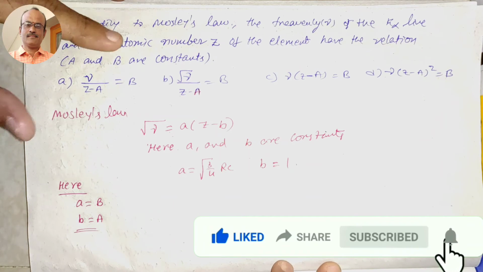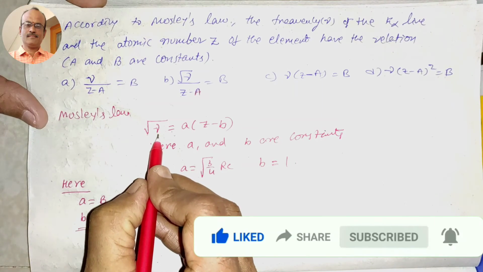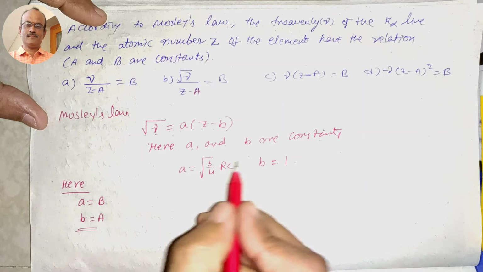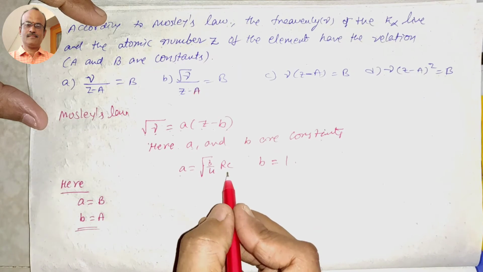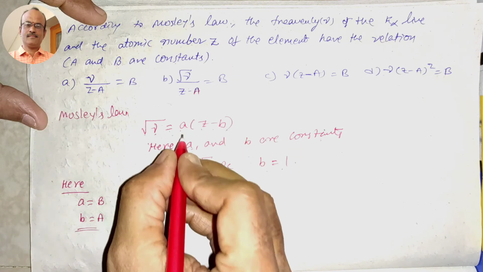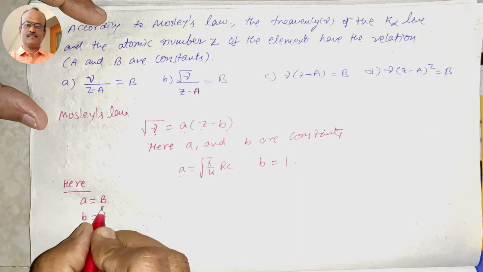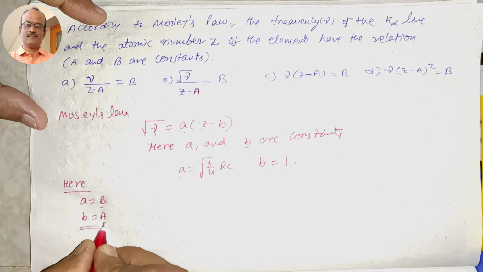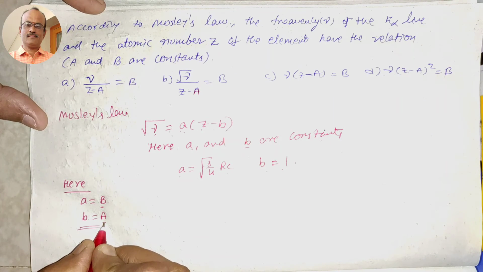That equation is root nu is equal to A times Z minus B, where A and B are constants, but A is equal to root 3 by 4 RC and B is equal to 1. But here, in place of A they took capital B, and in place of B they took capital A. So which option is correct from this?